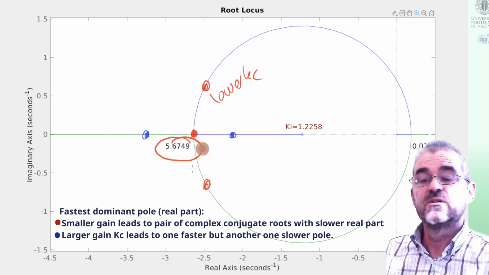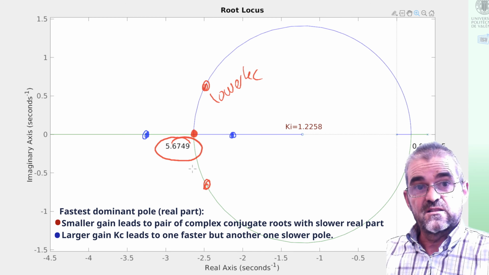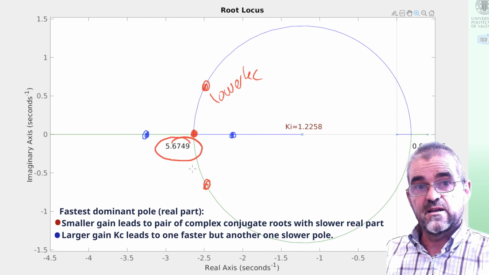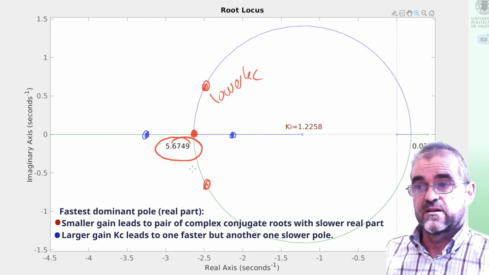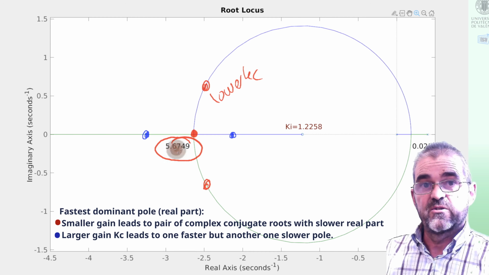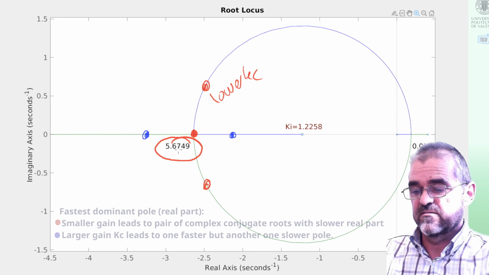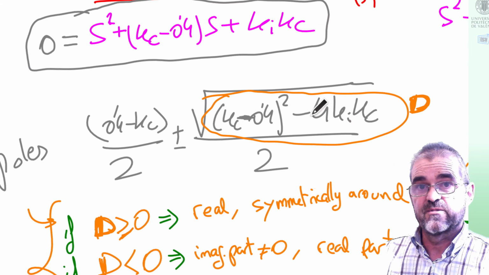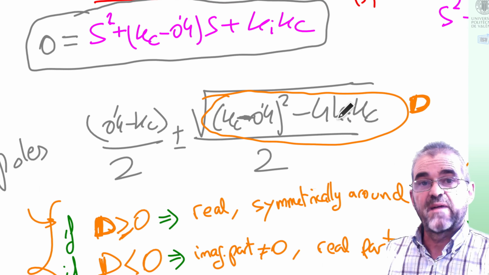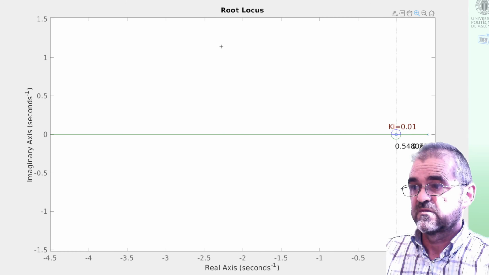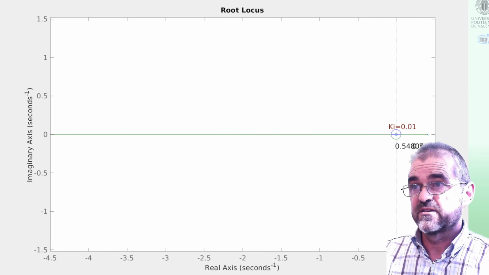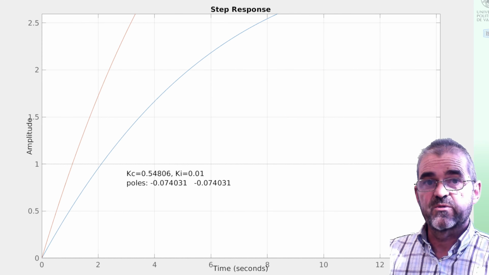So this is somehow the most negative real part I can achieve with a given integral gain. So that will be the value of the proportional gain. Again, this value here is actually obtained just from solving that this thing inside the square root must be 0, no magic.